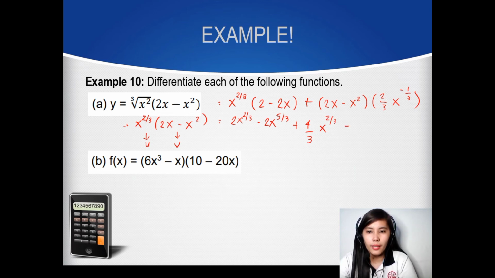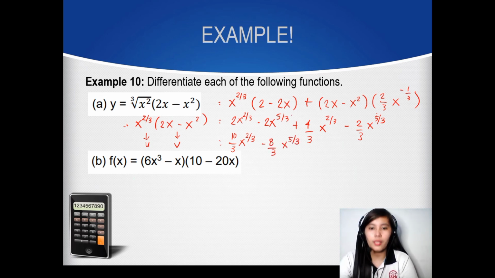Minus x squared times 2/3 x raised to negative 1/3, that is 6 minus 1, that is 5 over 3. So we have 2 plus 4/3, that is 6 plus 4, 10 over 3, x raised to 2/3. Then negative 2 minus 2/3, that is negative 6 minus 2, or negative 8 over 3, x raised to 5 over 3.